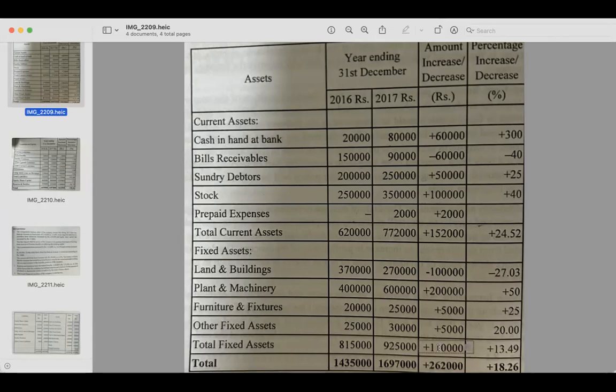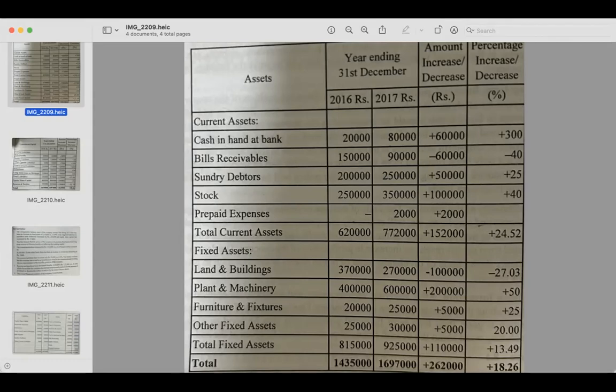Look at the total of the assets. 14,35,000 is the total of assets, and 16,97,000 is the total of assets in the second year. The difference is 2,62,000, which is positive, by the original amount 14,35,000, which is 18.26%.